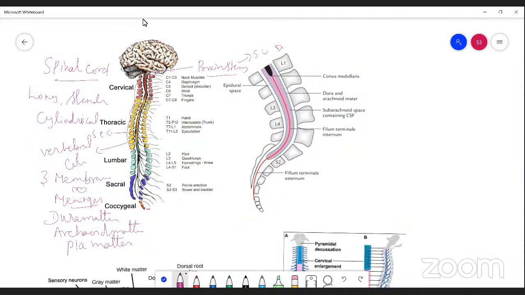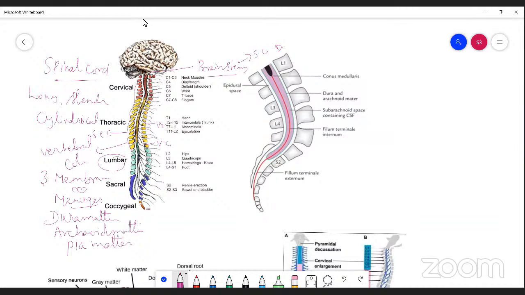The spinal cord extends from the brainstem into the vertebral canal of the vertebral column, up to the level of the first and second lumbar vertebrae. This is present inside the vertebral column.